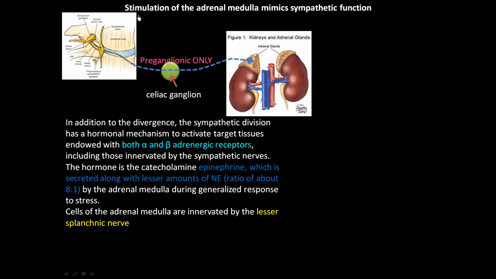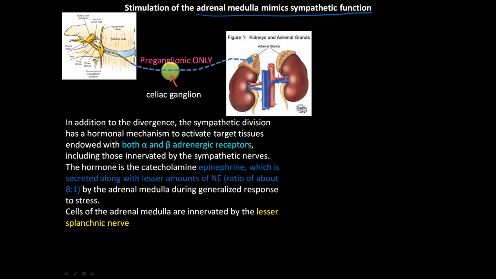Another concept of the sympathetic nervous system is that stimulation of the adrenal medulla mimics sympathetic function. At the end of the postganglionic sympathetic nervous system, we have norepinephrine and epinephrine acting on adrenergic receptors.